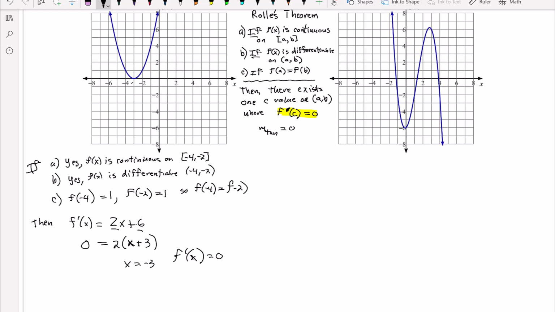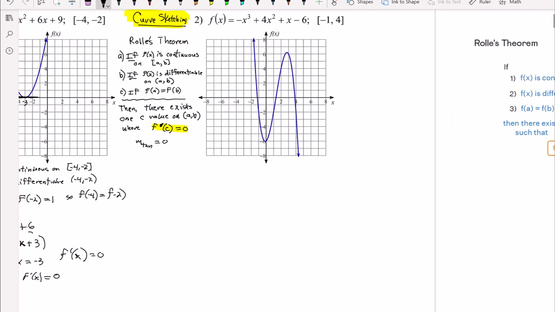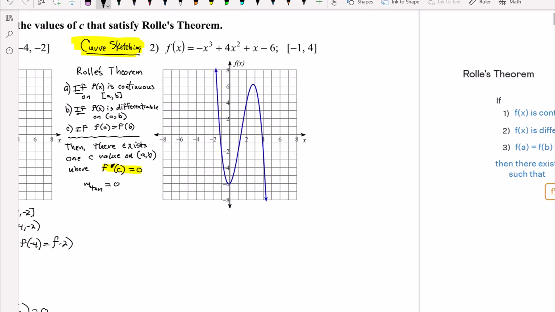Let's see if that's true. At -3, our tangent right there is a flat line. So our c value that makes f'(x) equal to 0 is at -3. A little bit awkward at the end, but that's what you're going to do here.